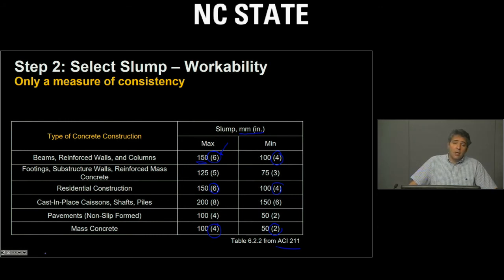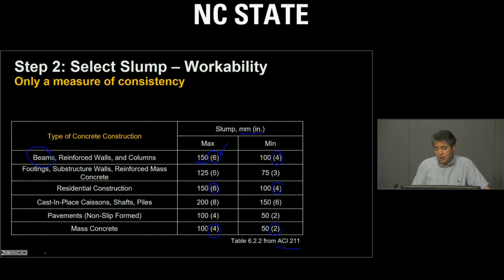Now, it is very important that we provide a mixture that is as workable as possible. So my recommendation to you would be to use a higher range of the suggested slump for your concrete. For example, in the case of a reinforced concrete beam, the suggested slump is between 4 to 6 inches.